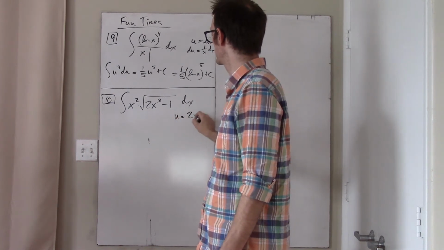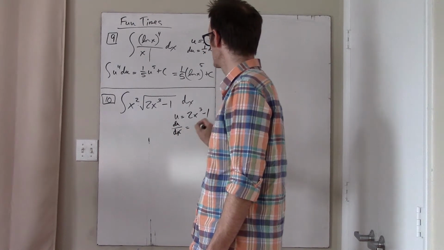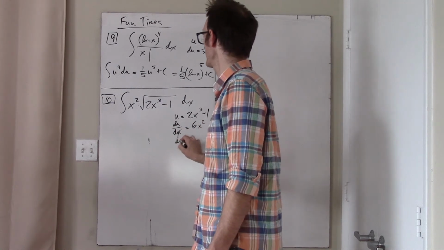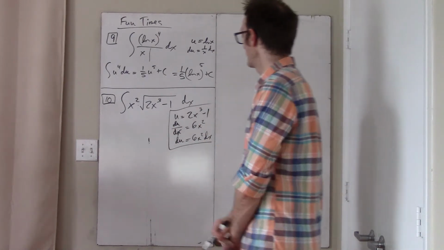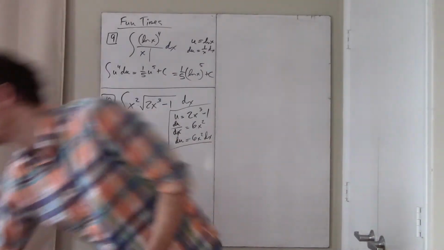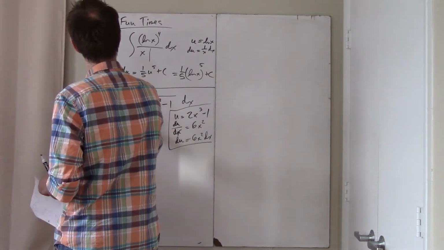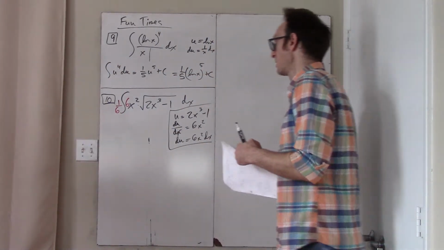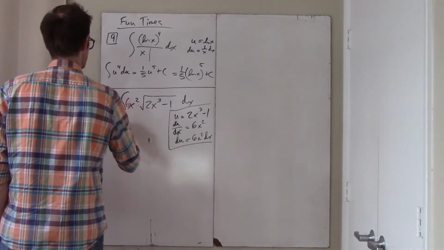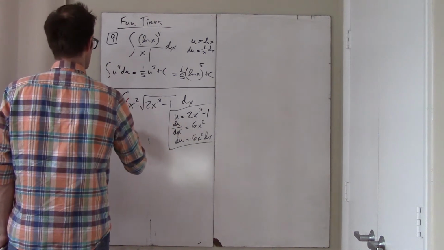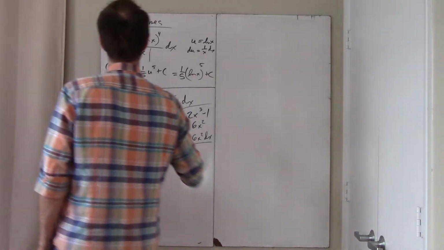Let u be 2x cubed minus 1. du/dx is therefore 6x squared, and so du is 6x squared dx. Well, I need there to be a 6 in there, so I stick in the 6 and I undo the damage with a 1/6. And so this whole thing becomes 1/6 times the antiderivative of u to the 1/2 times 6x squared dx, which is my du.